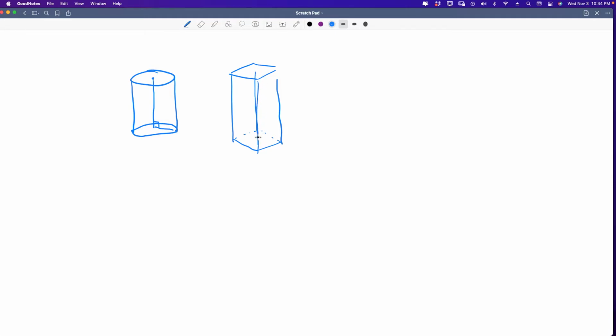Straight up and down means it's perpendicular to the base. It's a 90-degree angle right there. All right, so we have parts of this shape. This edge right here, the up and down part, wherever the sides meet, we call that a lateral edge. That has a name and it's called a lateral edge.